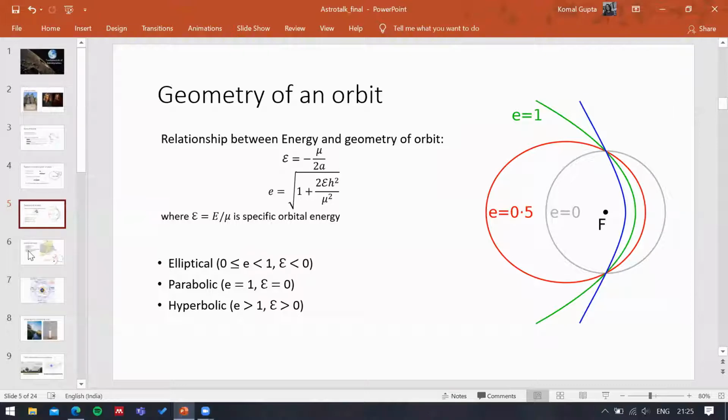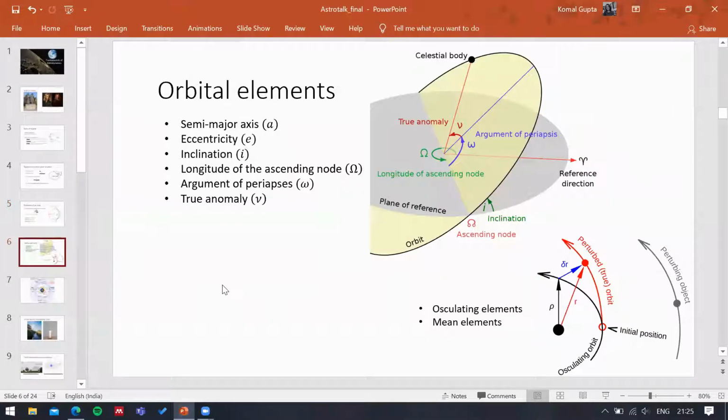Now on to more practical things, such as how do we describe an orbit and how do we define an orbit uniquely? So this is done by using orbital elements. These are 6 elements that will uniquely determine your orbit.